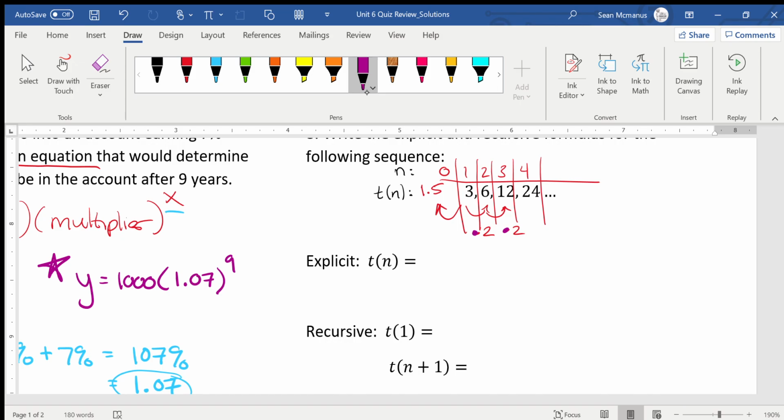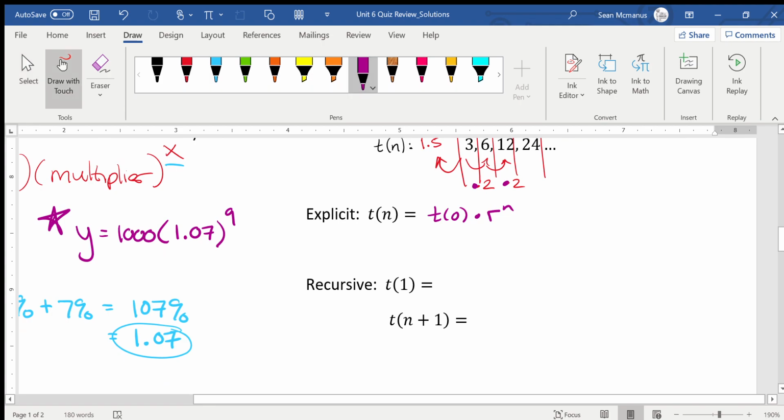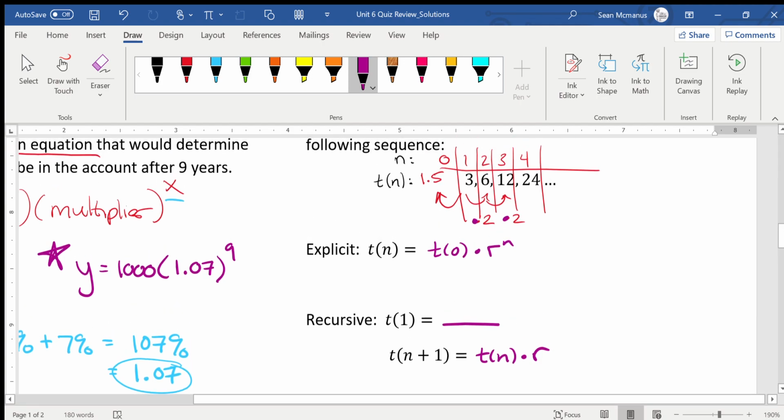So the explicit formula: t of n equals t of 0 times r to the n. And recursive: t of 1 equals whatever it equals, and t of n plus 1 equals t of n times r. Those were the equations. Copy them down exactly like they look.